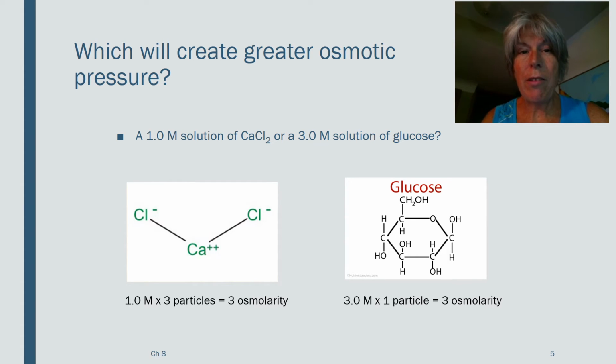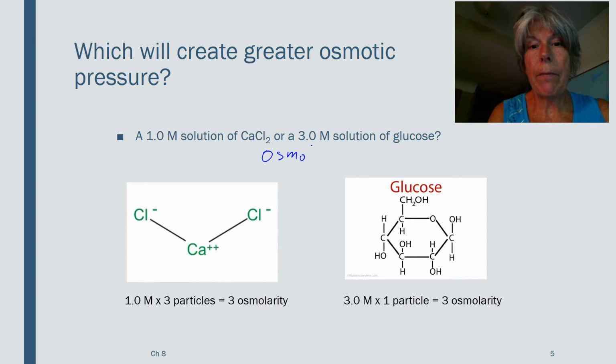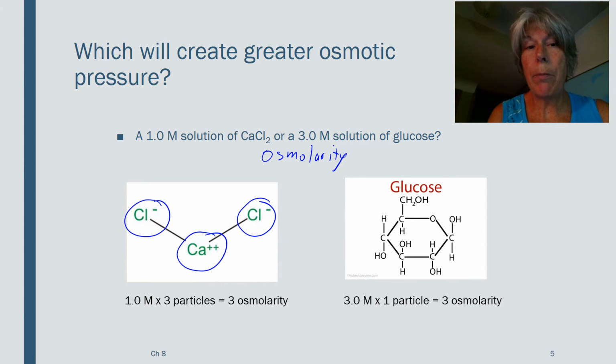So the question was, which will create the greater osmotic pressure, a 1 molar solution of calcium chloride or a 3 molar solution of glucose? Well, we really need to look at osmolarity in order to decide this. So if we have a 1 molar solution of calcium chloride, as you saw on the last slide, that'll dissolve into 3 separate particles.